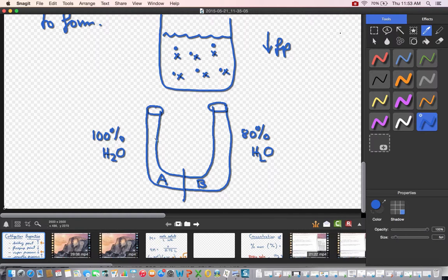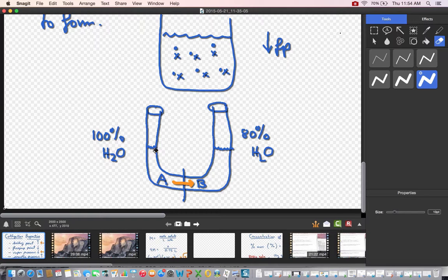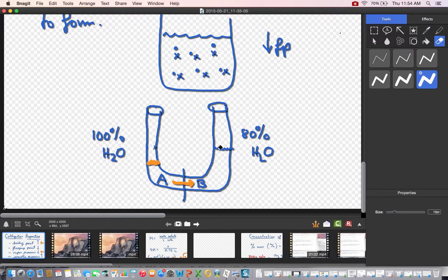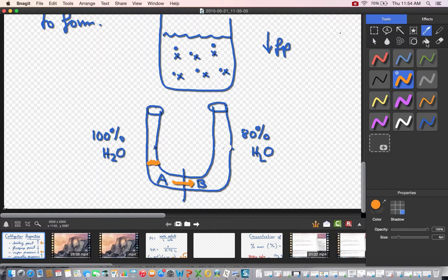So if we began this experiment with a water level of A and B that is approximately the same, we will have a net flow of water from A to B. So the level of water in A will go down, while the level of water in B will go up until I equilibrate the concentration on both sides.